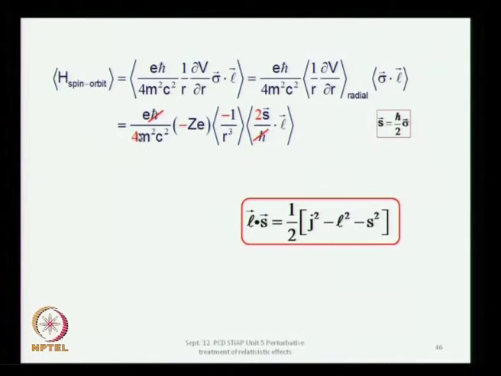a 1 over 2 here, and then the L dot s term we have seen is half of j square minus L square minus s square.